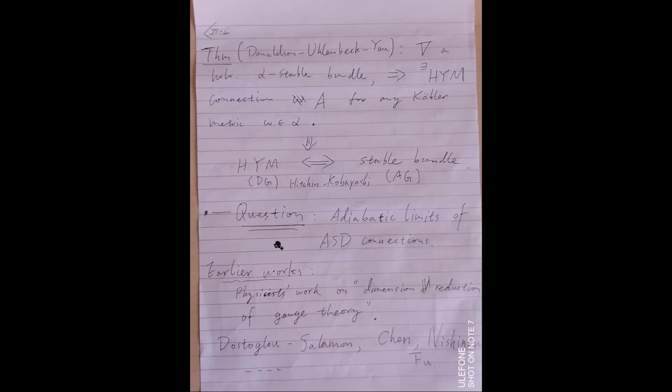So the question is, we want to study the adiabatic limits of the ASD connections. Let's mention some early works. We have many in the physics literature. People study this sort of limit. That's related to the dimension reduction of gauge theory. For example, four-dimensional gauge theory reduced to two-dimensional, and there are many physics works, right?